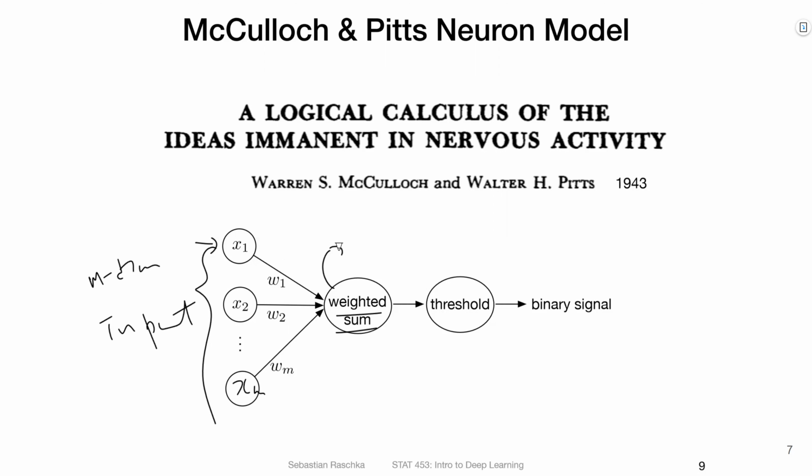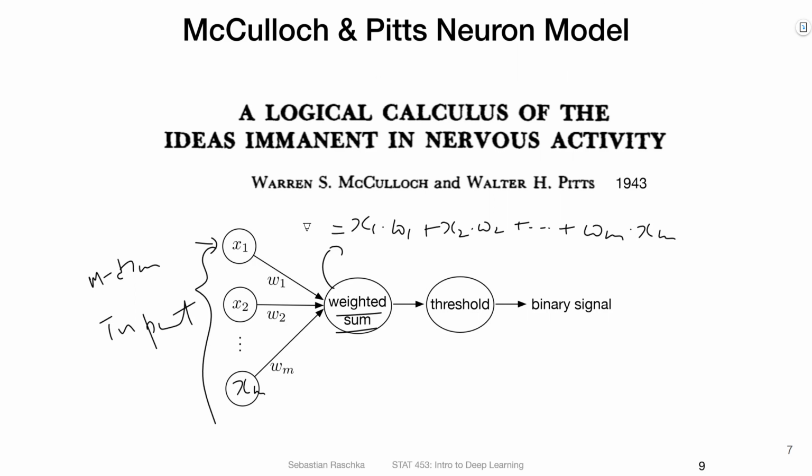And a weighted sum is not a complicated thing, but simply x1 times w1 plus x2 times w2, and we do this up to xm. And this is the weighted sum.